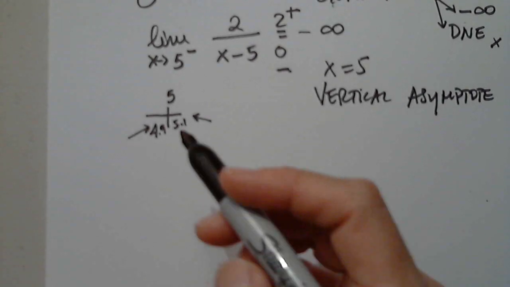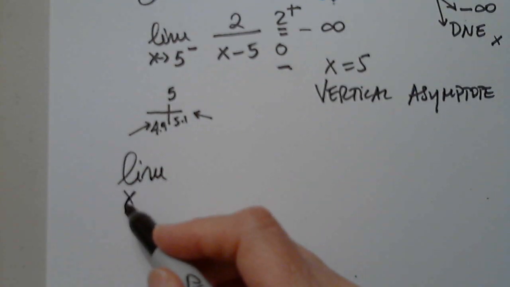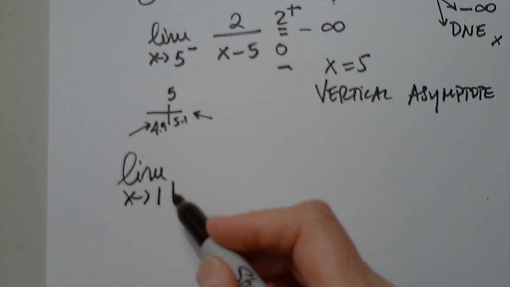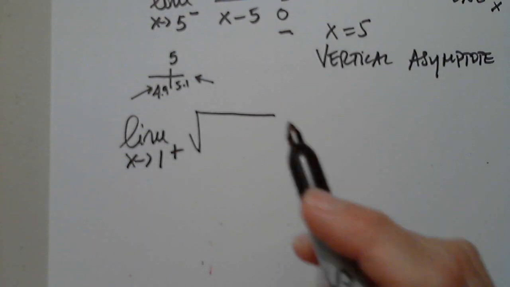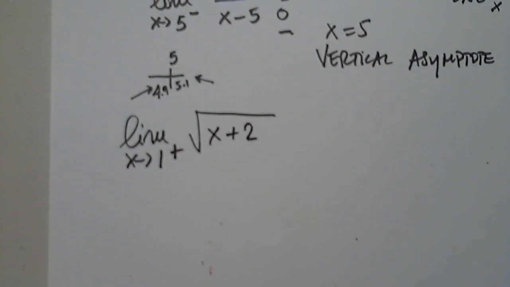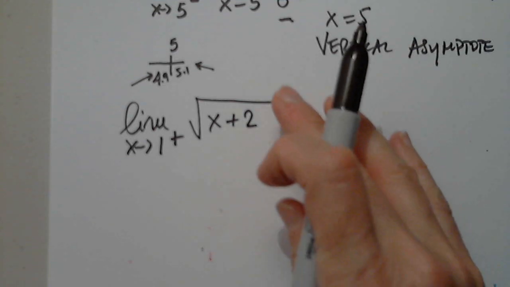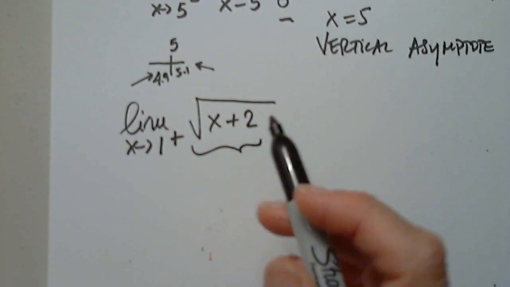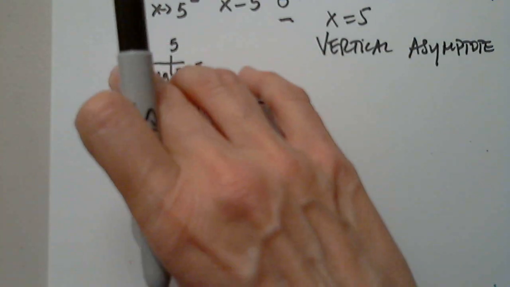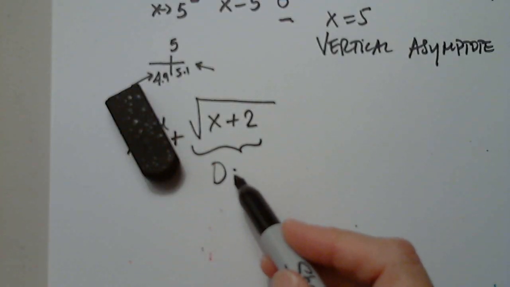So let's say we have the limit as x approaches 1 from the right of the square root of x plus 2. For this problem, we have to find a domain. What is the domain of this function?